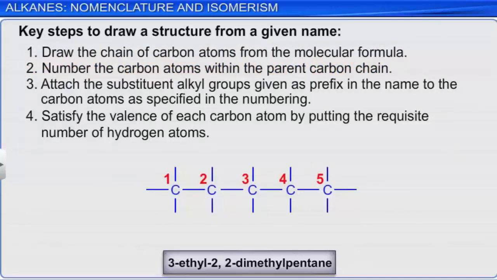Third, from the name we can identify that we have to attach an ethyl group to atom number 3 and 2 methyl groups to atom number 2. Fourth, fill in the remaining places with hydrogen atoms such that each carbon atom fulfills its valence of 4.